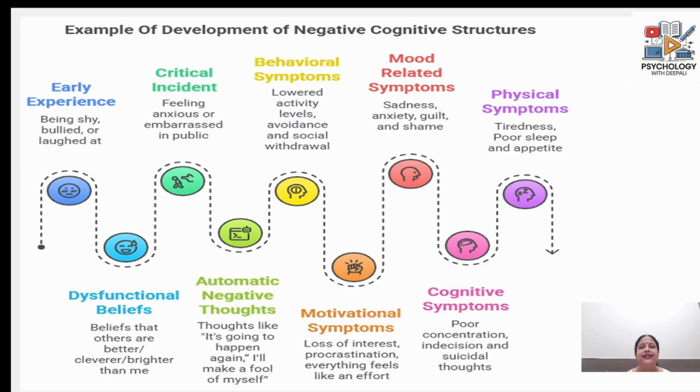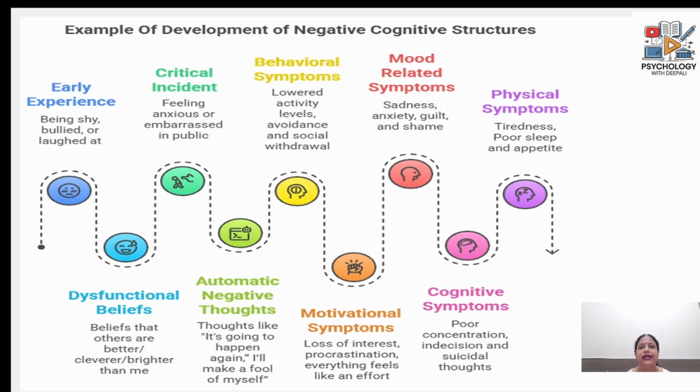There will be mood related or emotional symptoms like sadness, there may be anxiety, there may be guilt, there may be shame, and of course cognitive symptoms where there is a poor concentration, he's not able to concentrate on his work, indecisiveness, he's not able to take good decisions, and in the extreme case it could also lead to suicidal thoughts. Physically, there will be sleep disruption.